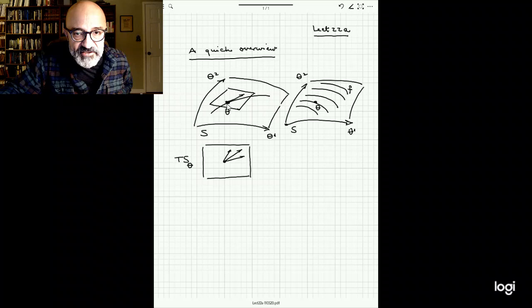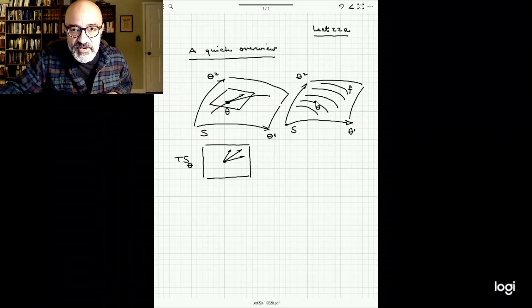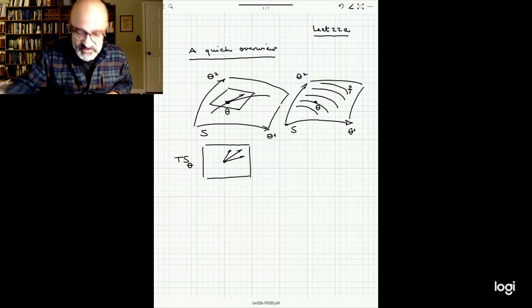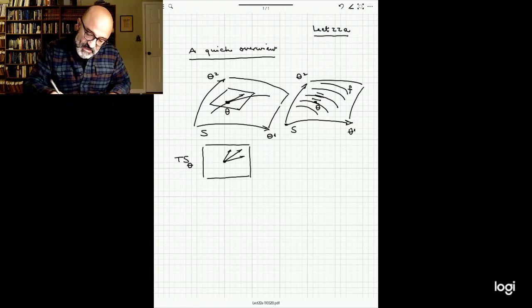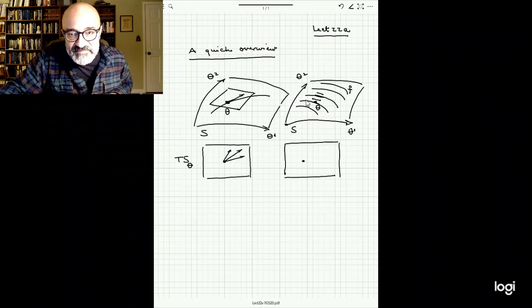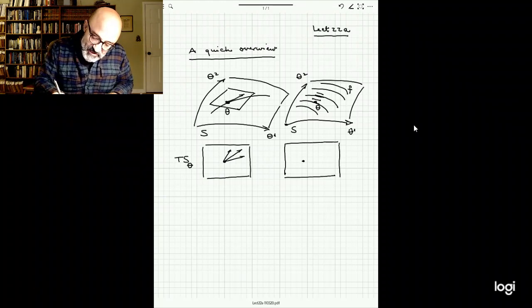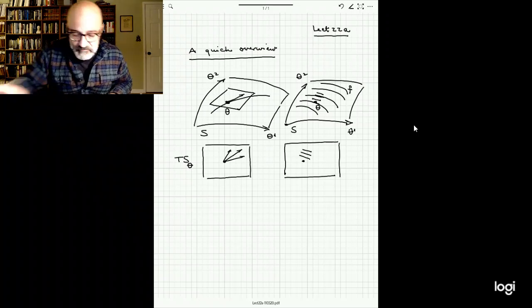Just like a velocity is something that is assigned at a point, we would like to talk about the gradient of f at the point theta. And the way this is represented is precisely by giving the contour lines. So this is also a flat space. If this is the point of tangency, we're going to represent a gradient by parallel lines.